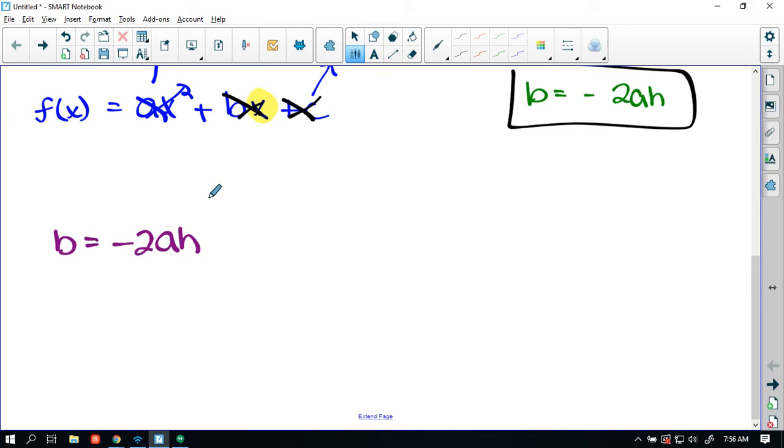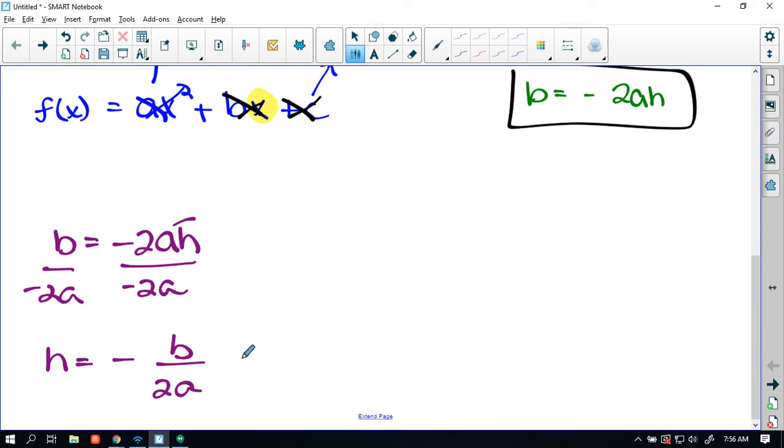Whatever the end product of this is, that is the formula that you really want to box and star. All right, so I need to get h by itself, so I'm going to divide by negative 2a, and what I get is h is equal to negative b over 2a.